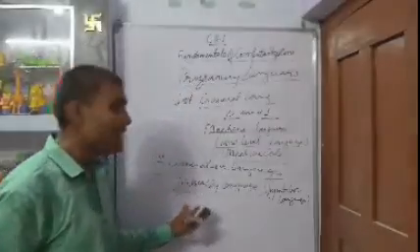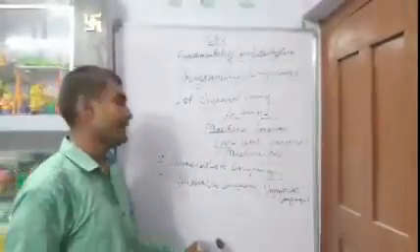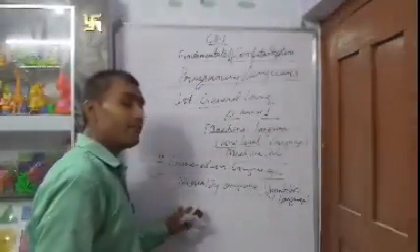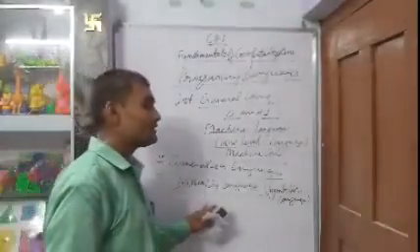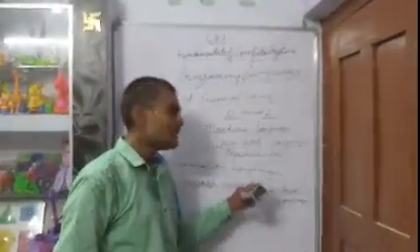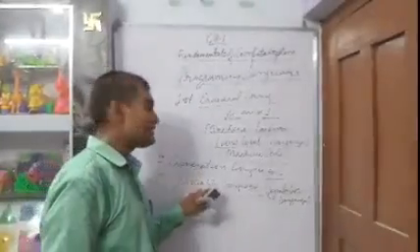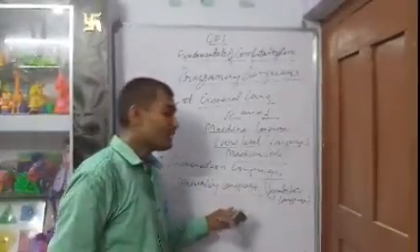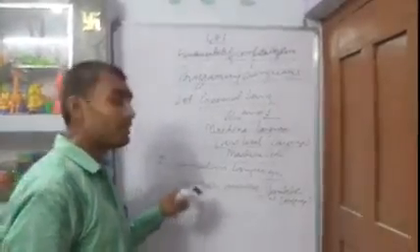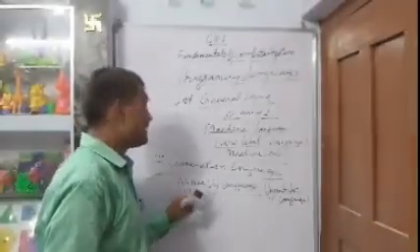So the assembly language is also in the category of low level language, because it includes symbols and different types of letters. It is not easy to understand all the symbols and all the codes, to learn all the codes or symbols of the assembly language.